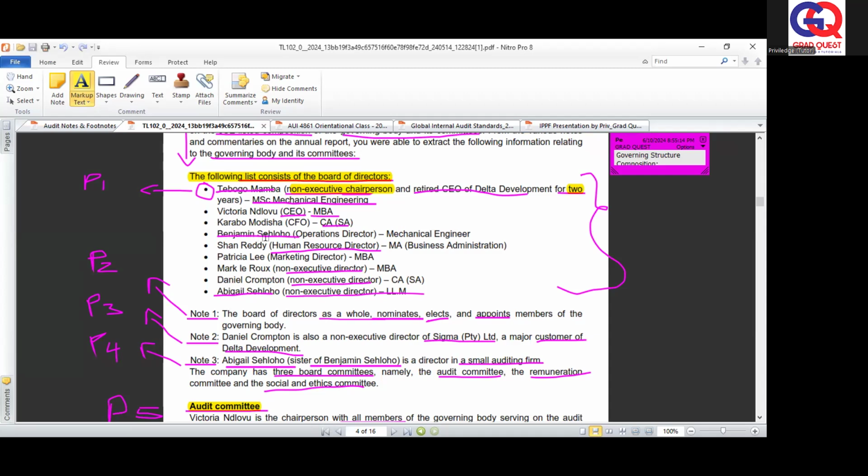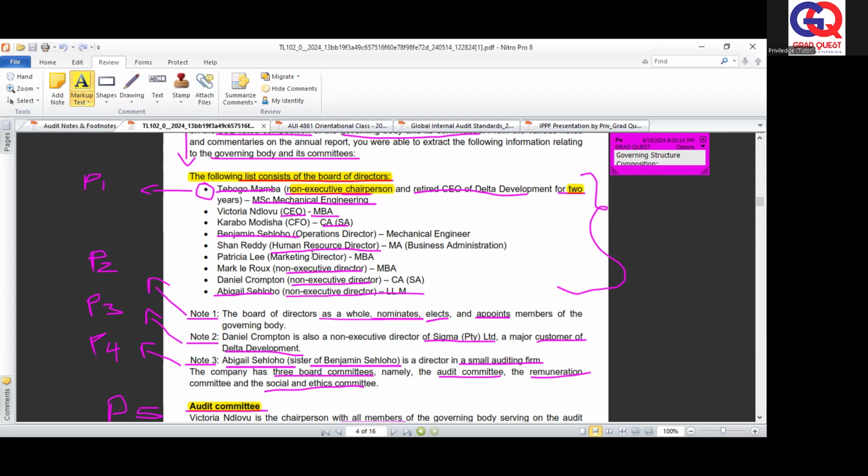If you go to Benjamin Sitobo, he's an operations director, a mechanical engineer. Nothing really said about this individual. Then we see Sean Reddy, the human resource director. How many executive directors do we have so far? There's 1, 2, 3, 4.